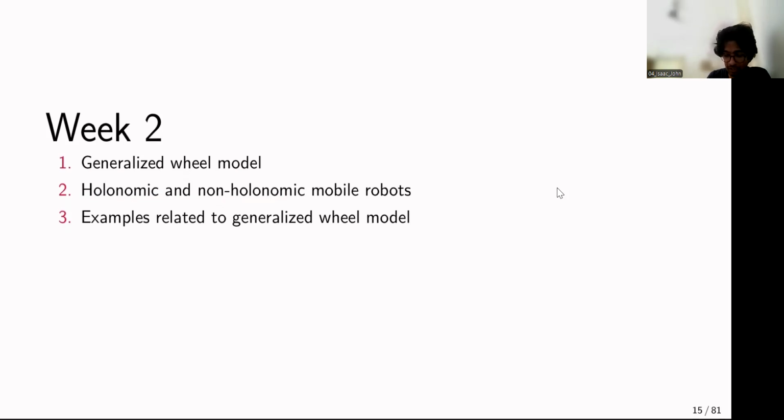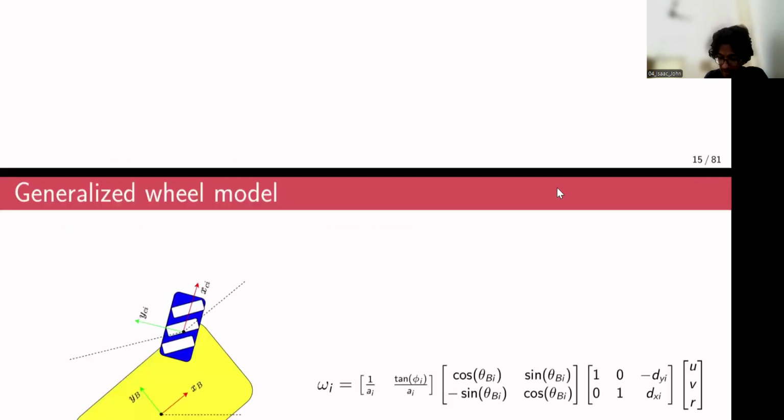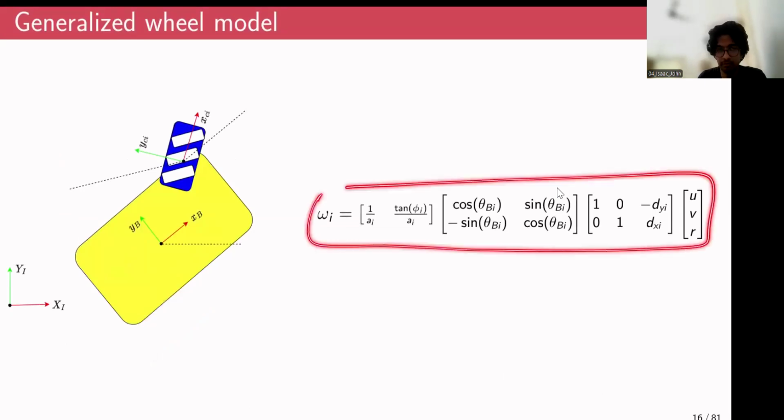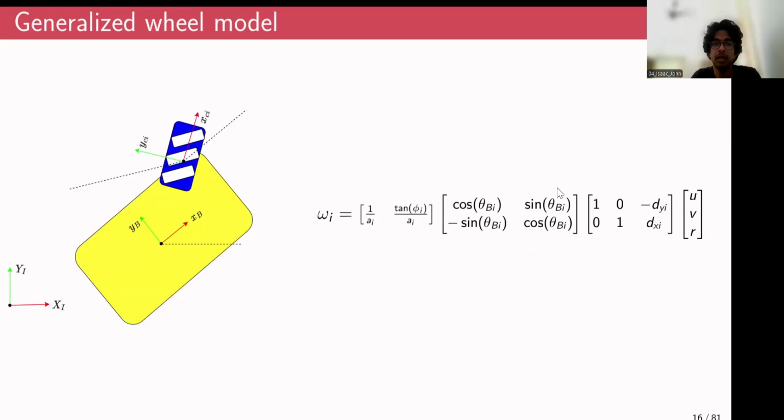And then we have seen a few examples regarding how to use this generalized wheel model. We'll have a rough overview. I don't want to go through all these derivations in detail because we have seen them in detail in the live discussions and in the lectures.